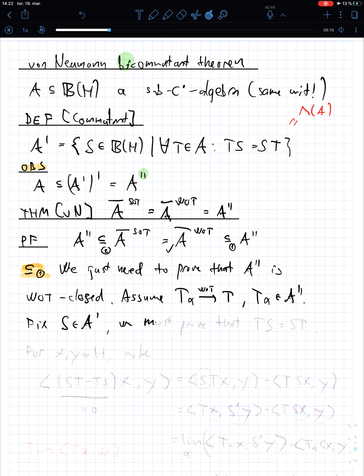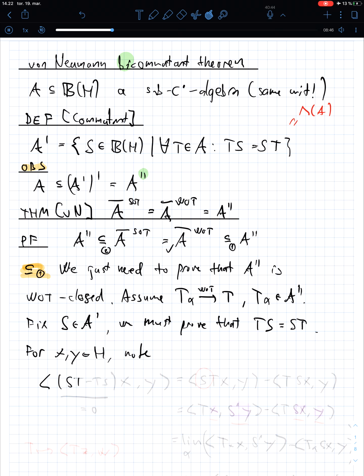We must prove that T and S commute, right? Because since S is arbitrary, if we can prove that T and S commute, then we've proved that T is in the double commutant.